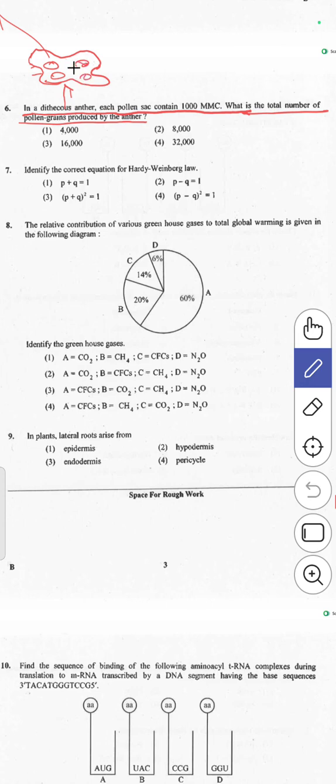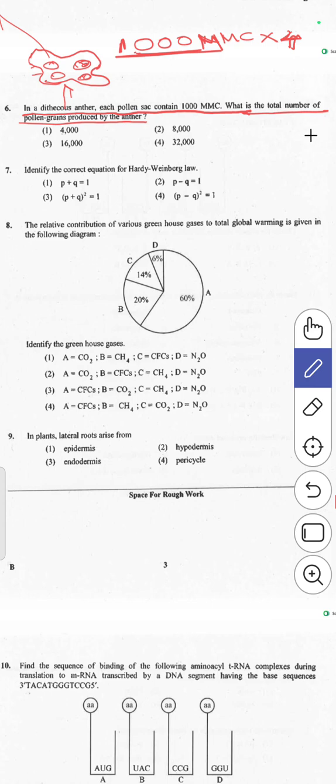In this one we have 4 pollen sacs, and in these 4 pollen sacs we have these 1000 microspore mother cells.